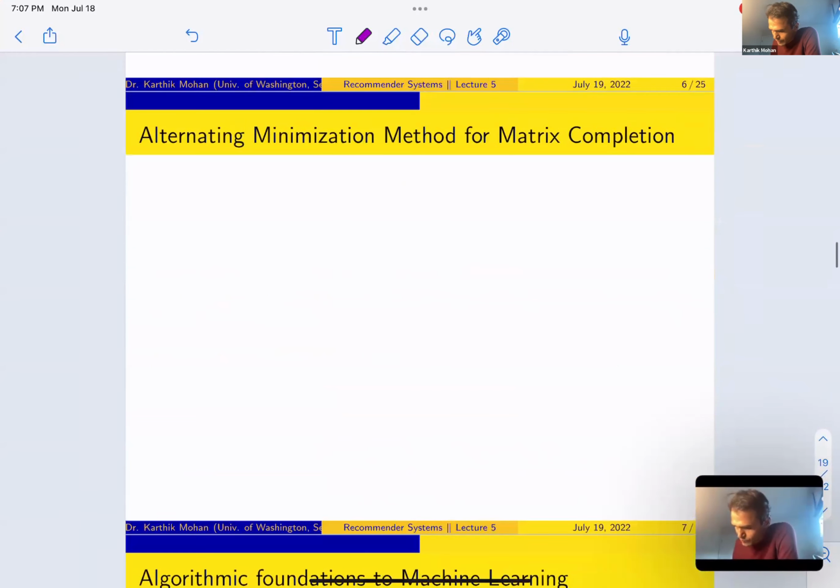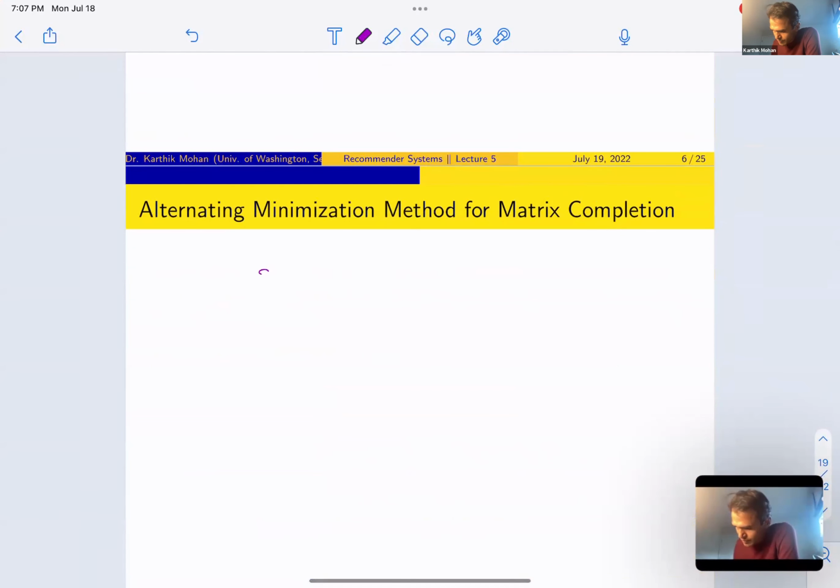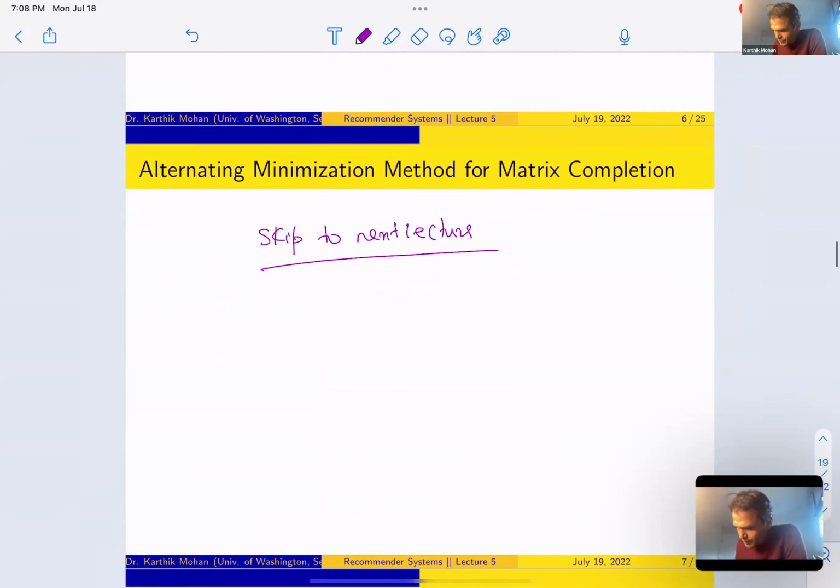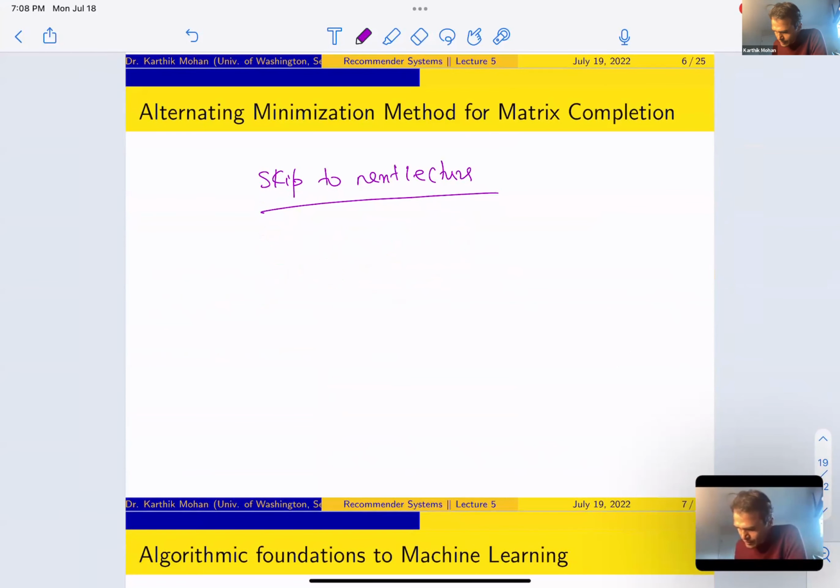Let's see. Yeah, I'll skip this. Skip to next lecture. Yeah, something really weird about today. Not sure what's happening. Alternating minimization is not too complicated. The idea is that there are two sets of parameters. Wow. Is it because I'm having it backwards? Let's try this.